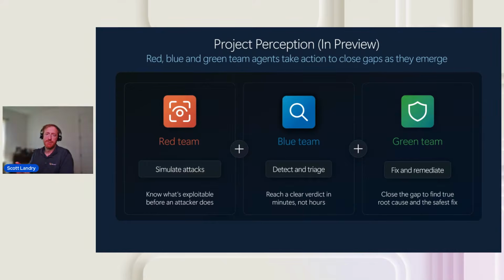Red team, blue team, and green team, they work together to basically help you drive SOC outcomes, right? It's not just about how many alerts did you remediate, right? It's what did you do after remediation? Did you protect yourself better? And the red team, what can it do to protect you before the attack even starts, right?